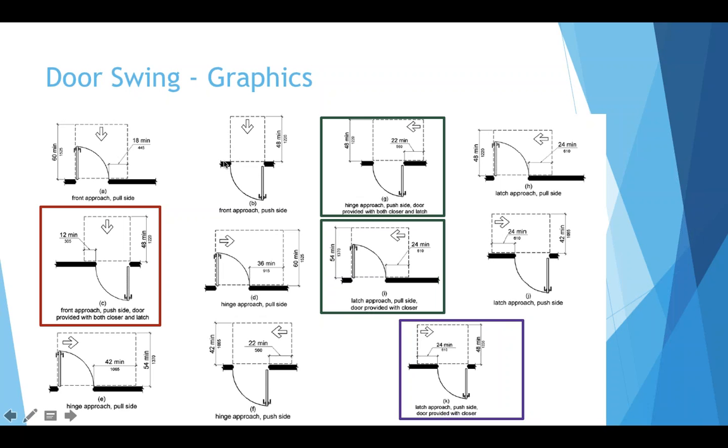48 inches wide, you can see no dimension. There is a however, and most single-use restrooms may only have a latch. They might not have a closure on them. So then this one with the red box doesn't apply. You have to have both the latch and the closure for that 12-inch requirement to fall into play.